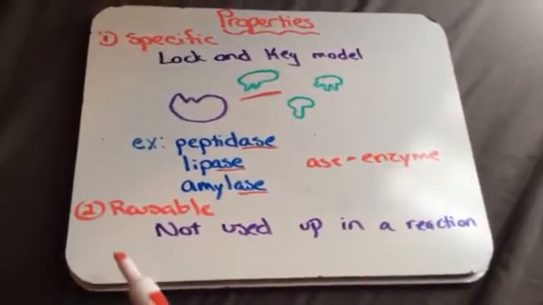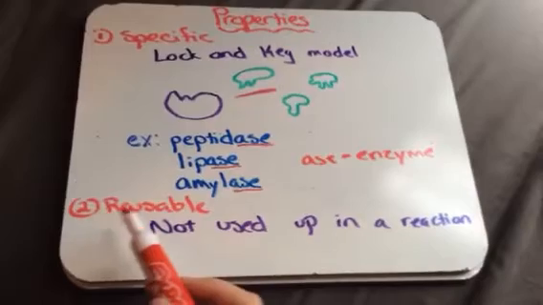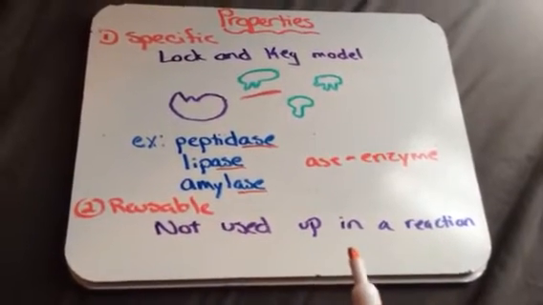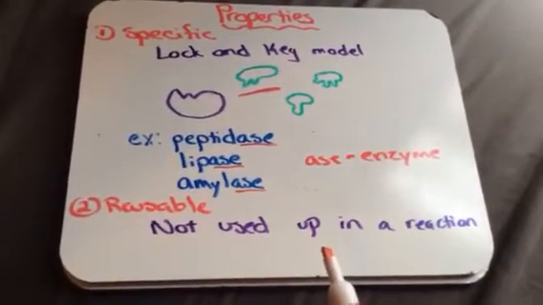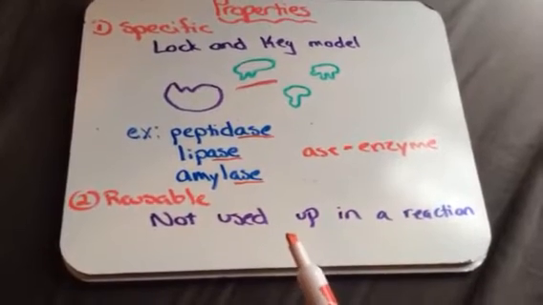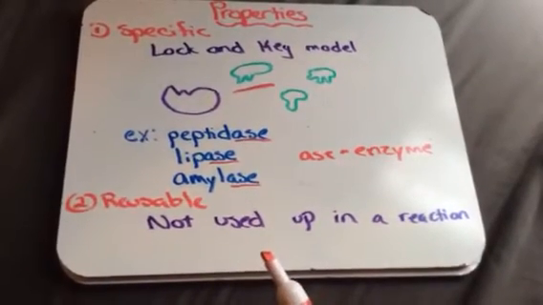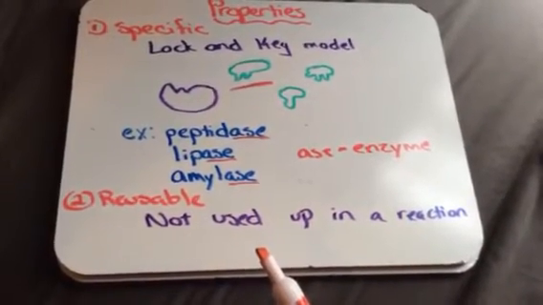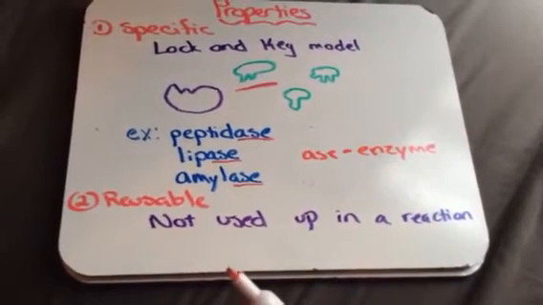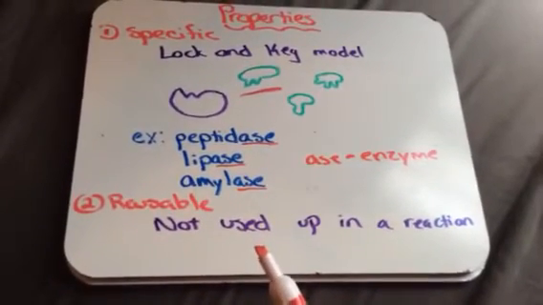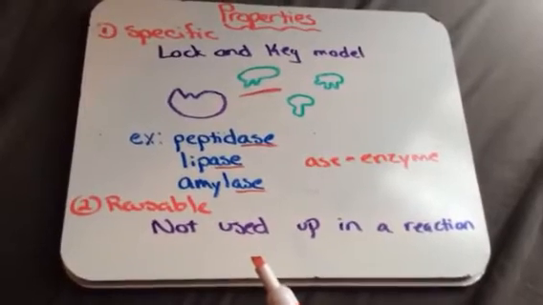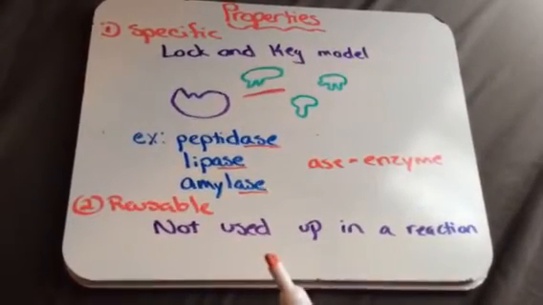The second property is that enzymes are reusable. They're not used up in a reaction. Think of that lock. That lock is not going to change forever in the reaction. Now, we'll talk in class about how this lock and key model or analogy doesn't work in every sense of the analogy.